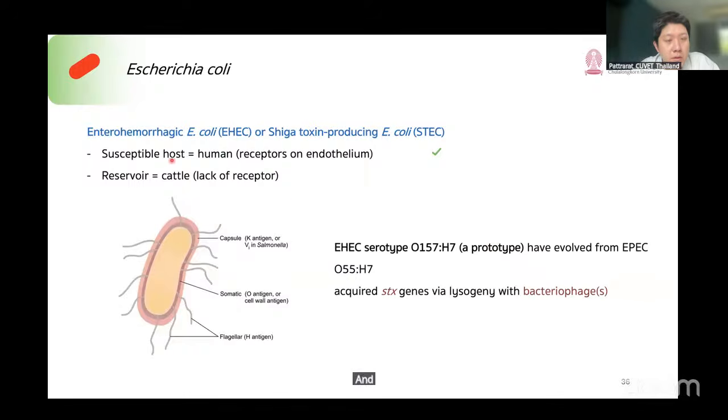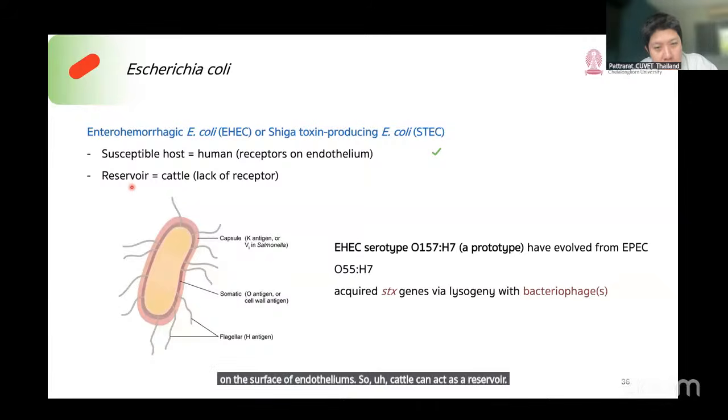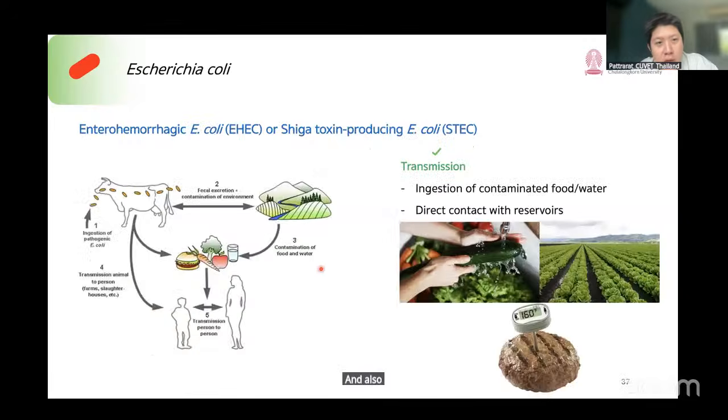And the reservoir of EHEC is the cattle. EHEC cannot cause disease in cattle because they lack the receptor on the surface of endothelium. So cattle can act as a reservoir and also shed into the environment.